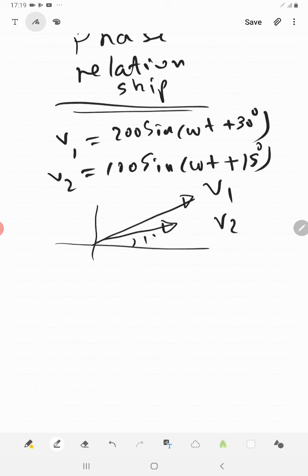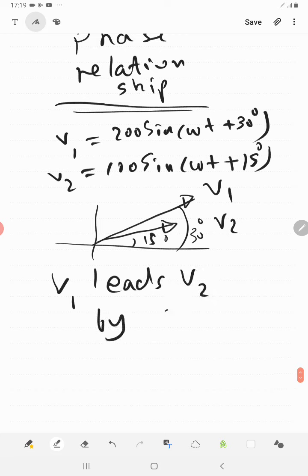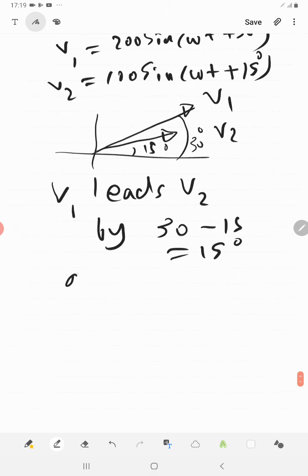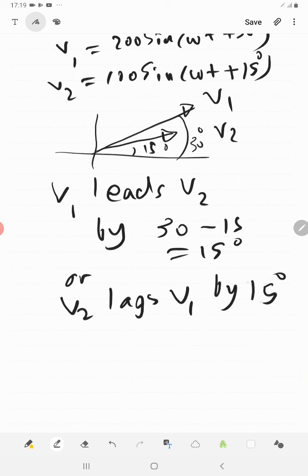V2 makes 15 degrees and V1 makes 30 degrees. Now we say V1 leads V2 by 30 minus 15, which equals 15 degrees. Or similarly, V2 lags V1 by 15 degrees.